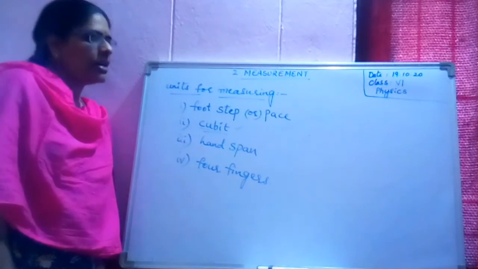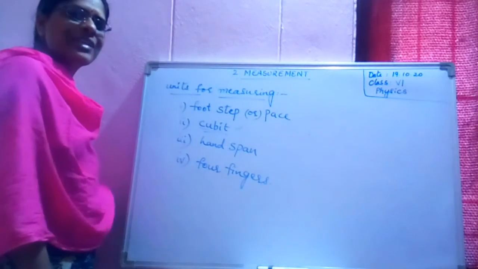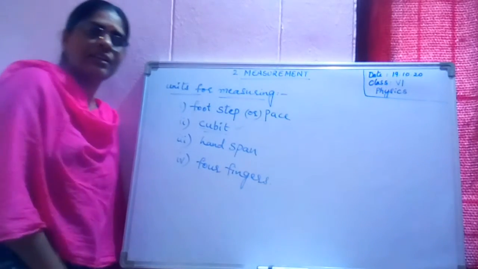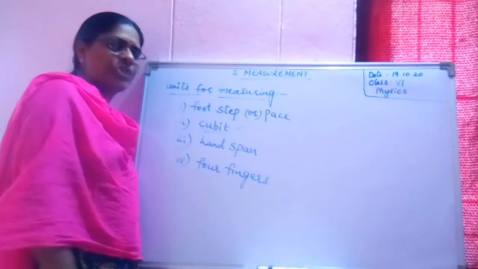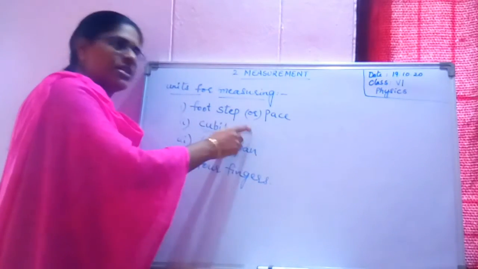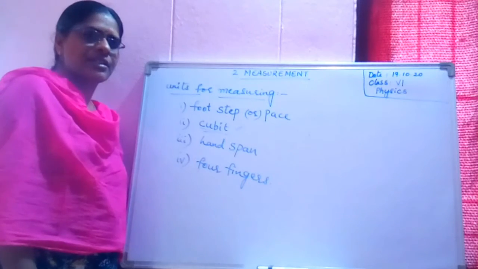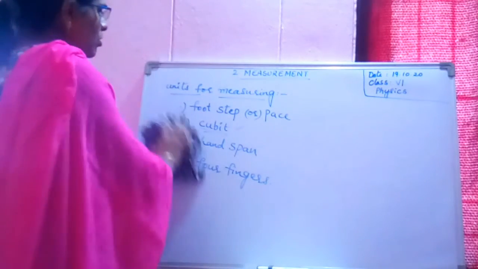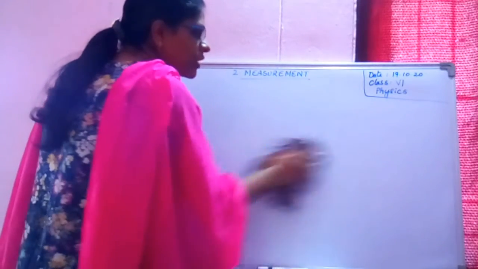Like this, these older units lacked accuracy. Hence, we are not using these units for measuring physical quantities. Then you may ask, ma'am, how are we measuring all the physical quantities we see today?